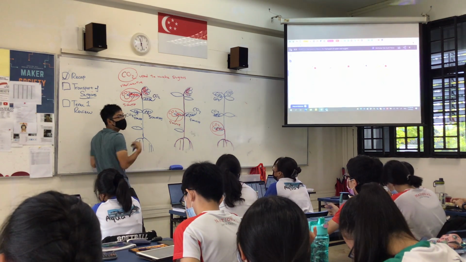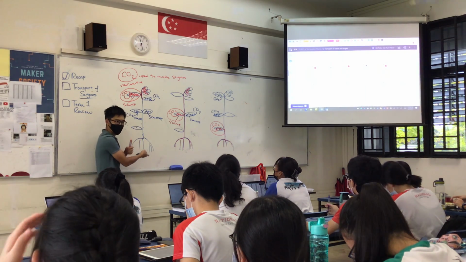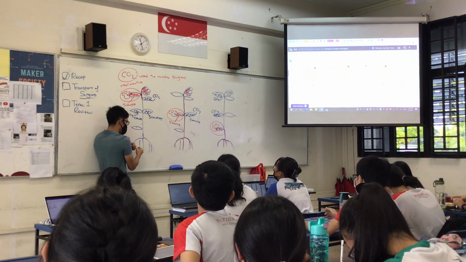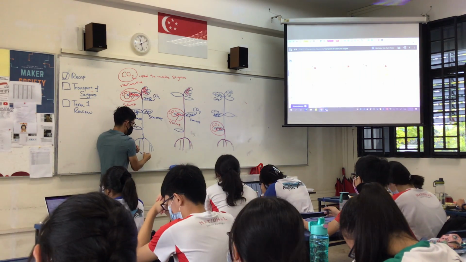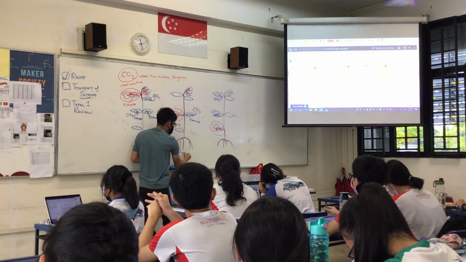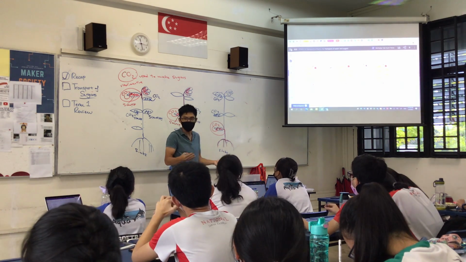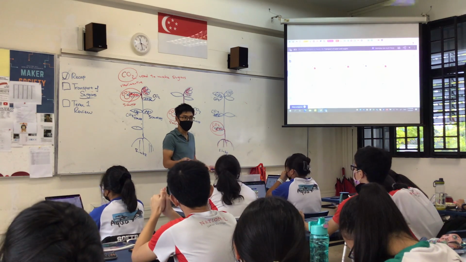Right. The tips are. Okay, the bottom tip or the top tip. In other words, the roots are sinks. Roots are sinks. These are sinks. Why are they sinks? They don't have chlorophyll, cannot absorb light, cannot make their own sugars.